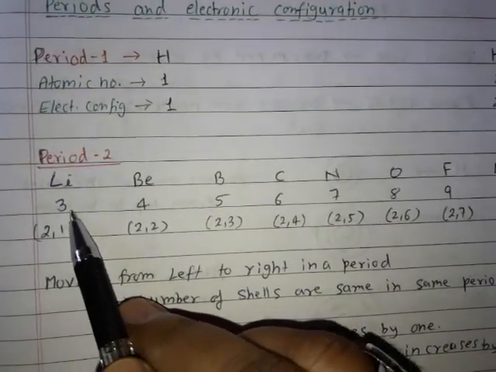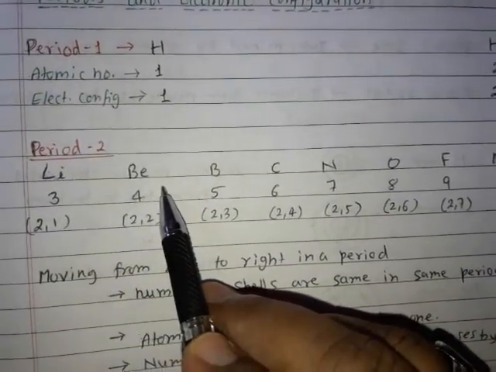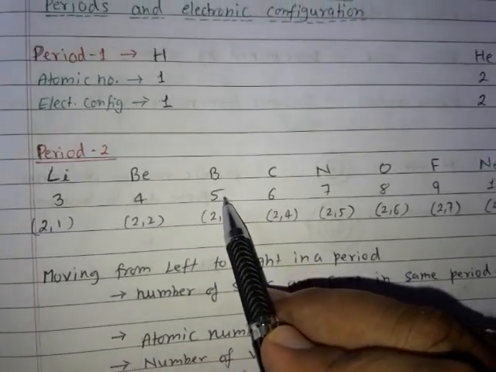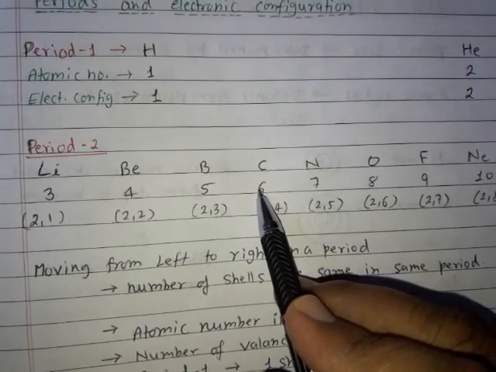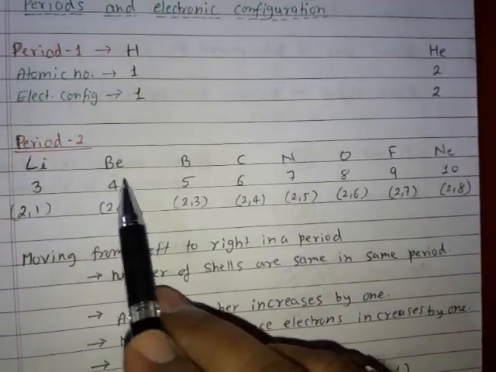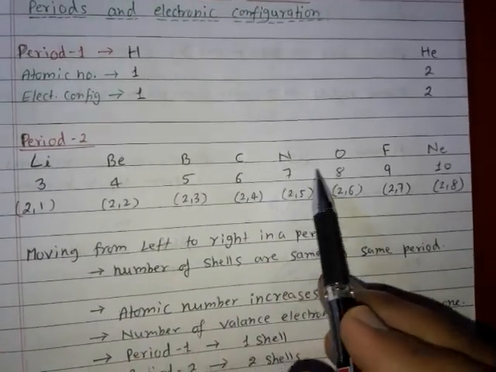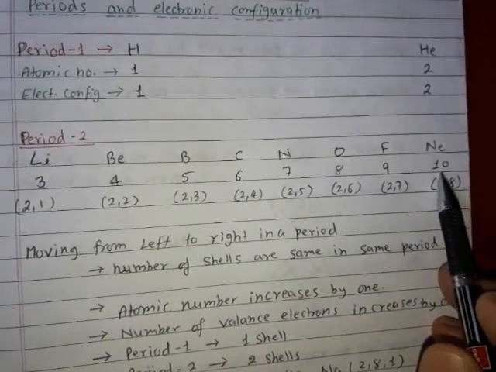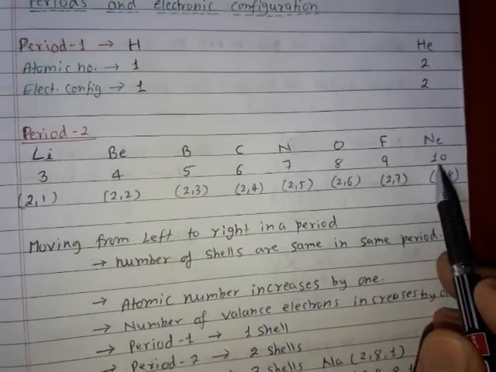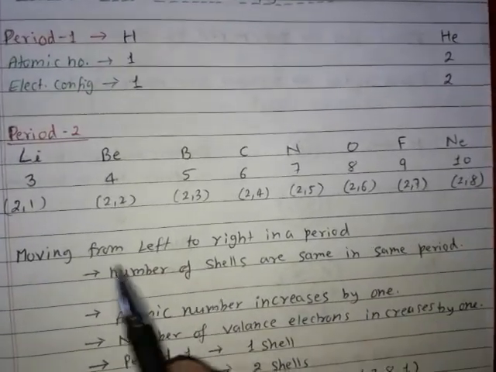See, the atomic number of lithium is 3, beryllium is 4, boron is 5, carbon is 6, and so on. See here carefully: 3, 4, 5, 6, 7, 8, 9, 10. You can say extra electrons are added as we move from left to right in a period.